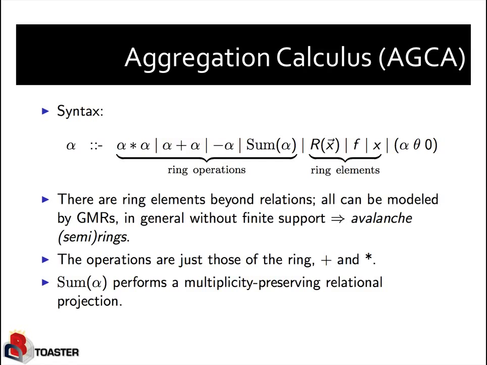Now, we've got a number of ring elements. The ring elements are the relations, the generalized multiset relations, R of x, and then we will have variables, and these variables can basically refer to columns inside our relations. As I said before, generalized multiset relations in general don't have the same columns and same fields in all tuples.